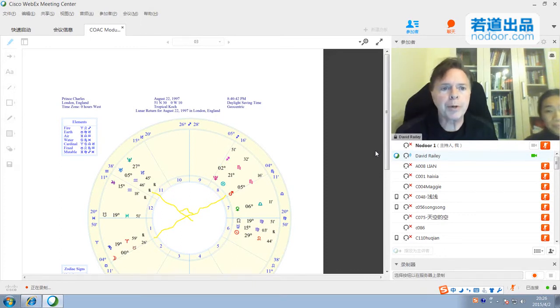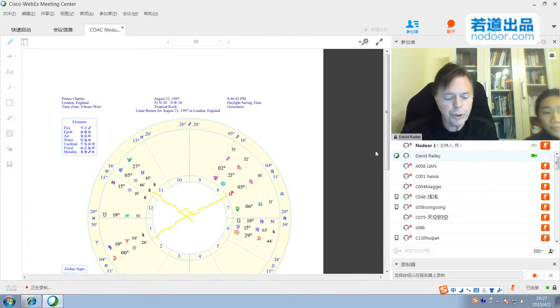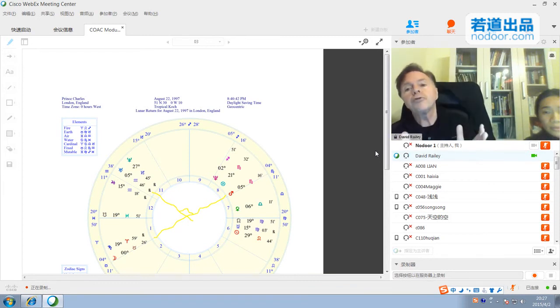Right. Well, we all know what happened during this month. This is the month when Princess Di was killed in the automobile accident. And we see that reflected in Prince Charles's chart, because this means not only the accidental sudden loss of his ex-wife, but of his children's mother. This is going to be a radical change in his parenting role.